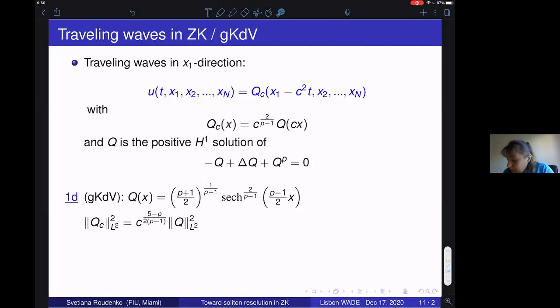However, in high dimensions there is no explicit formula. Nevertheless, for dimension greater than or equal to 2, Q decays exponentially. It's still radial, it's still positive, decaying at infinity. And let me mention, back in 1D, the following formula for the L2 norm of Q_c.